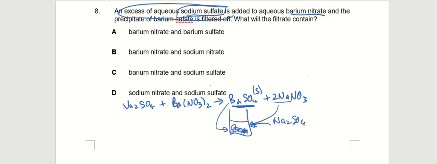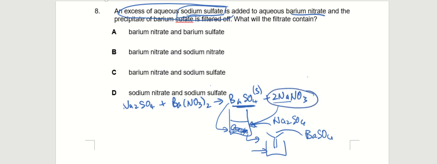If you take this mixture and filter it, the residue will contain barium sulfate, but your filtrate will contain the original sodium nitrate and the excess sodium sulfate. So these two will end up in your filtrate. The only one that matches, sodium nitrate and sodium sulfate, is D.